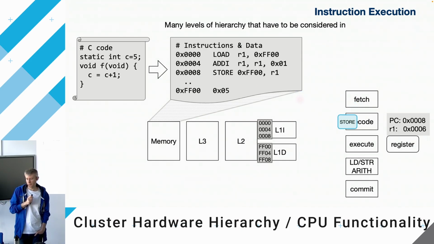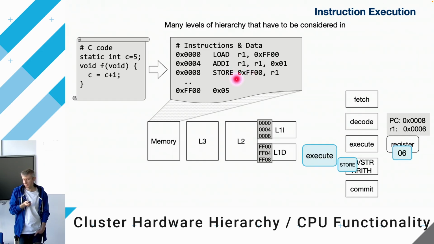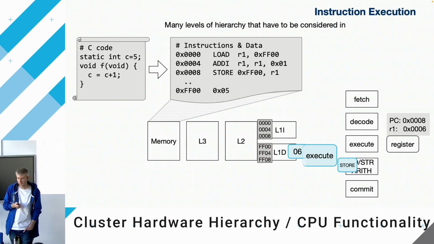It's a store instruction. Here we say, take the value from the R1 register and store it at this address. And this is what's going to happen in the store execution phase. Therefore, we get the data, and then we store it in our L1 data cache. Therefore, now we have this value 6 in our data cache.